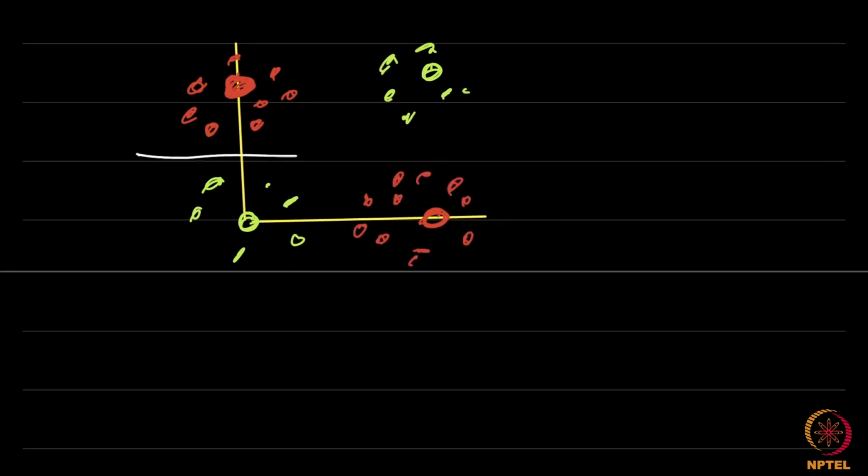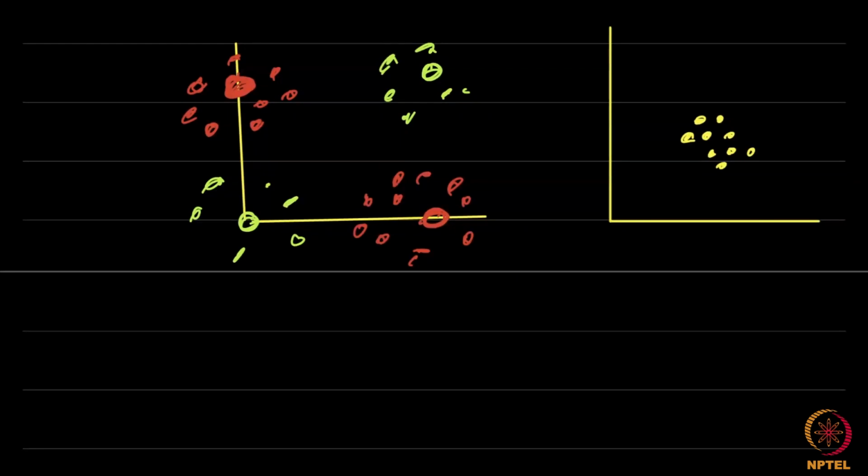So if I draw a separating line this way, it would be wrong. This way, all of these would be equally wrong. Let me show another data set which is not linearly separable. And that could be some data set like this. Some set of points here and another set of points outside.